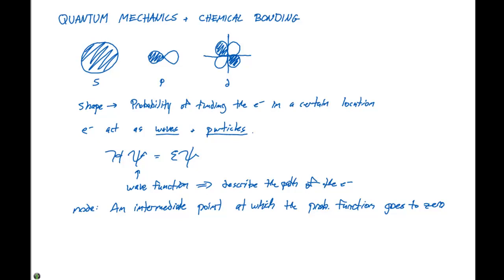So there's a 0 probability of finding that electron at a particular node. And if we look back up to the p and the d orbitals, the nodal plane for the p orbital is right here. And the nodal planes for this particular d orbital are going to lie right along the axis.